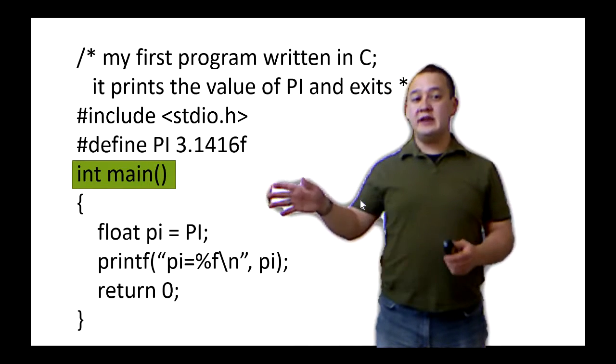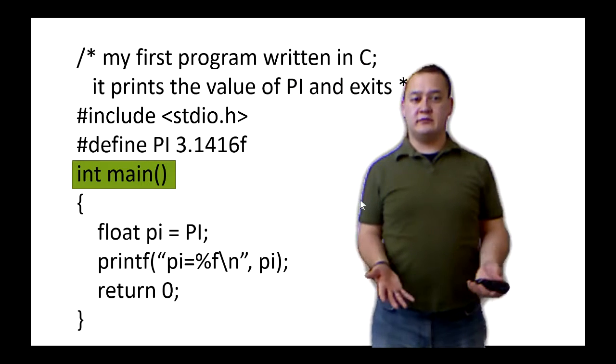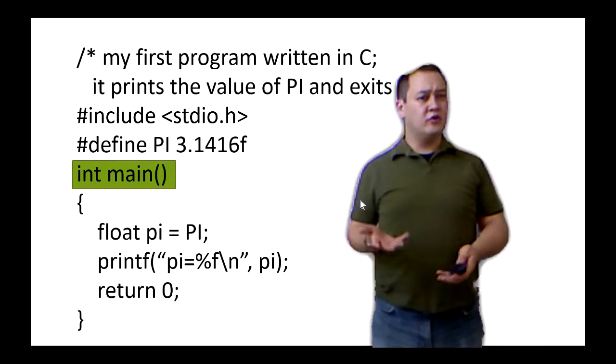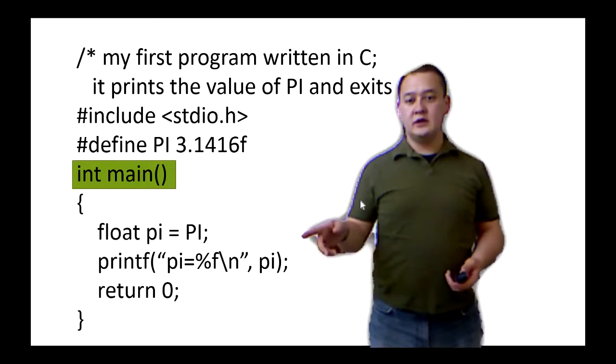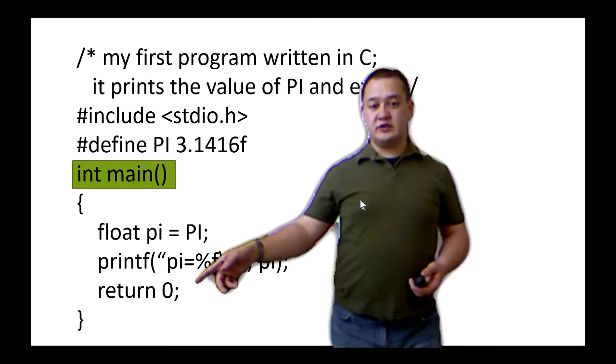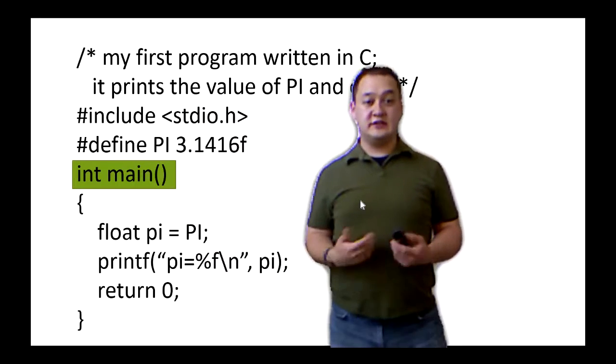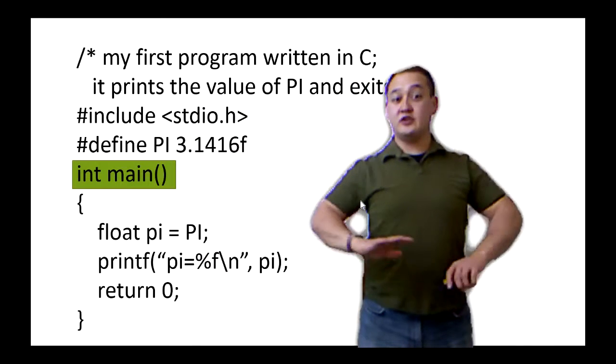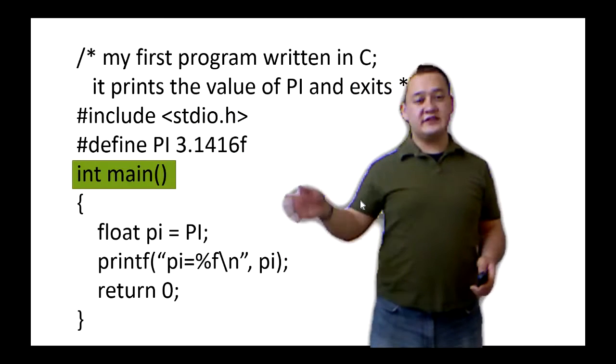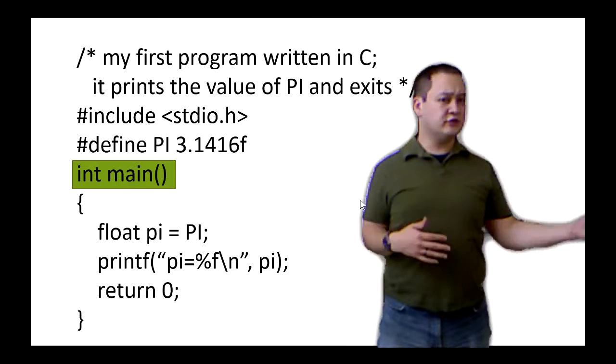Since main is the main function that tells the computer when the program is done running, when we get down to this return 0, this 0 will be sent to the CPU to say, hey, this program's done, you don't need to keep running me anymore. That's just a flag value to say, am I still running or not?